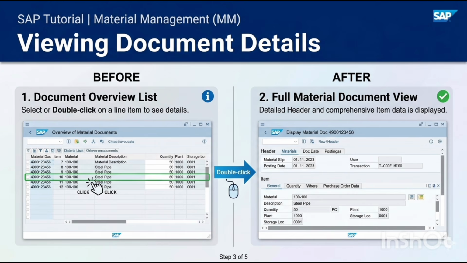To view complete information about any specific movement, simply double click on any line item in the report. This opens the full material document screen. Here you can see both the header details such as document number, posting date and reference, and the item level details including quantity, valuation, batch details and more.